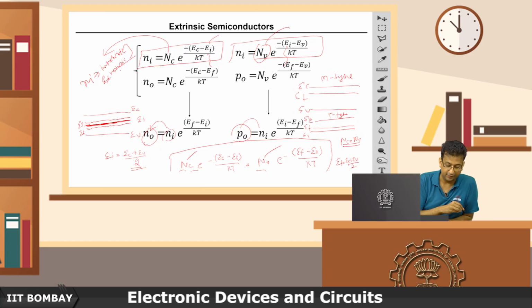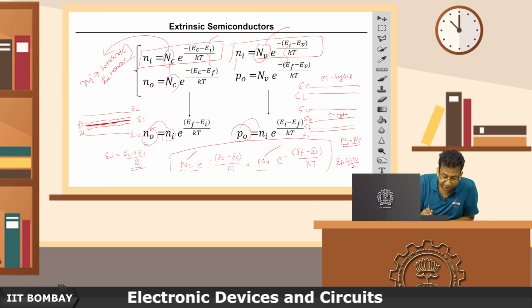So n0, if we use this relation and remove Nc from these, we will get this relation. As you can see here, Ec is common, which will be subtracted, so Ef minus Ei. And similarly here, if we remove Nv using these two relations, we will get the relation between Ni and p0 in terms of Ei minus Ef. Ev is common here.